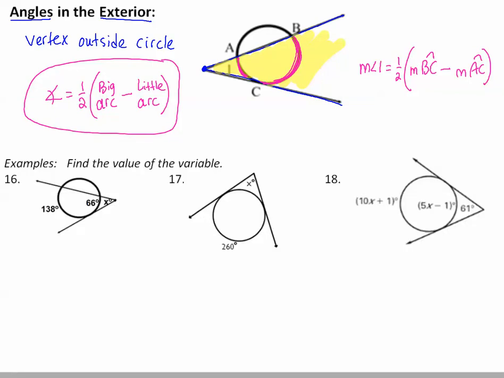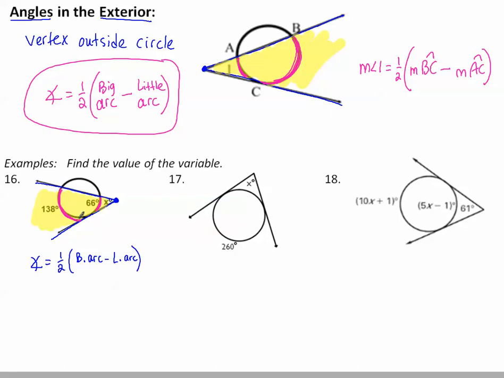Let's look at some examples for this. First thing to do, identify what type of angle we're dealing with. Extend the sides if necessary. I see the angles outside the circle, so I write angle equals half of big arc minus little arc. Then I'm going to plug in what I have, but the flashlight might help me. So I'm going to shine it on here and see what arcs are being intercepted. 138, the farther away one, 66, the closer one.